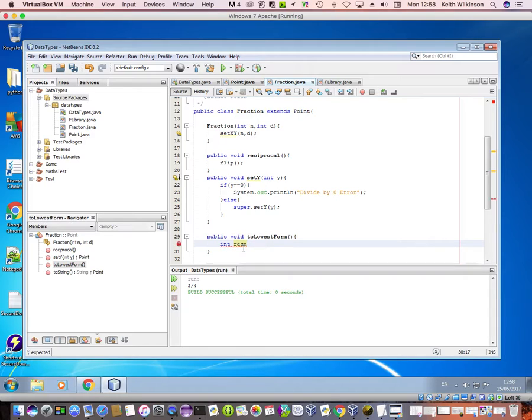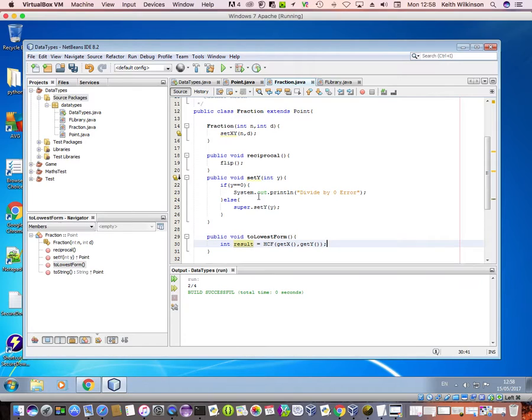So int result, and I'm going to set that to the highest common factor of, here's the important part, get the x value of the fraction for A, and get the y value of the fraction for the B part.